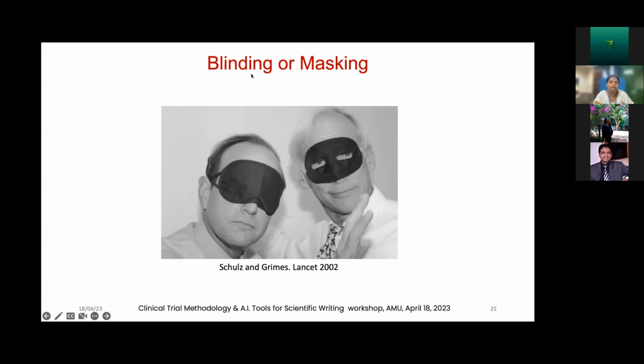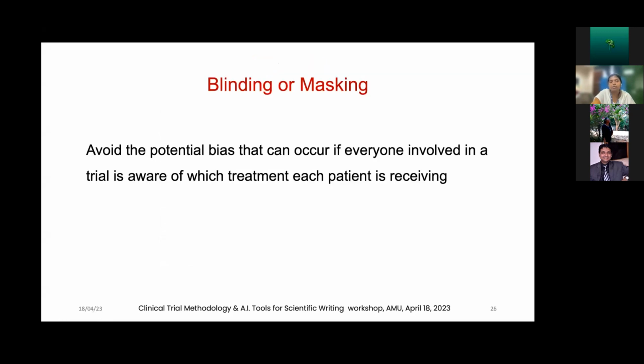Allocation concealment is a part of randomization procedures: how you implement the allocation sequence, so that the investigator does not know beforehand who is going to get what assignment. Blinding is done to avoid bias after the assignment.